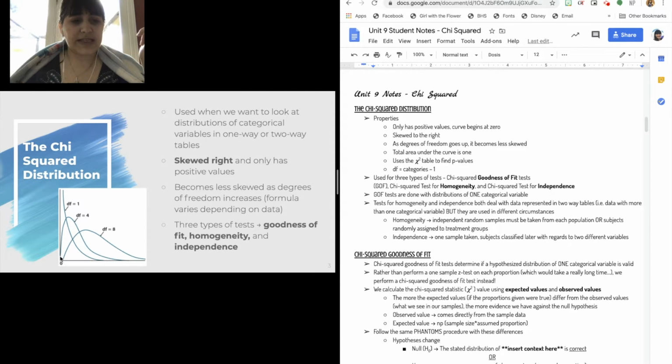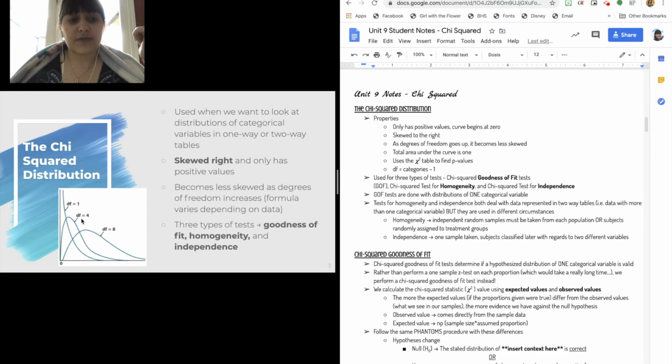It's essentially a distribution of individual chi-squared values, and chi-squared values are always going to be positive. And then you add them together, so it has lots of different components. I'll show you what I mean in a second. It'll make sense when you see the formula for it. But in general, it's going to be skewed to the right, only has positive values.